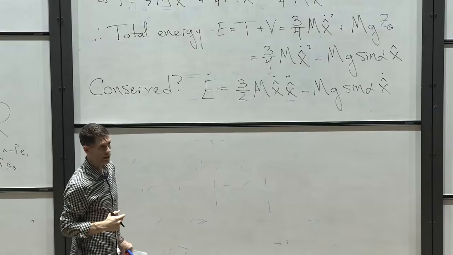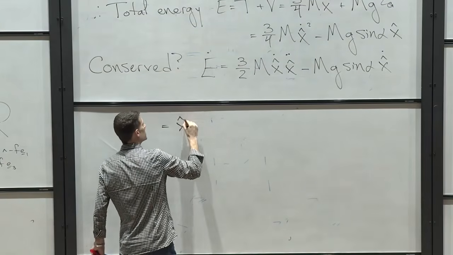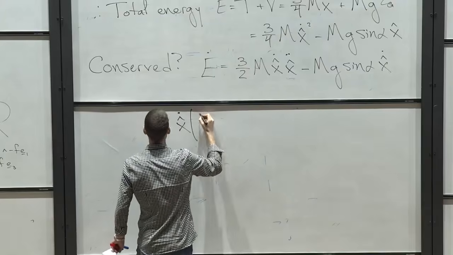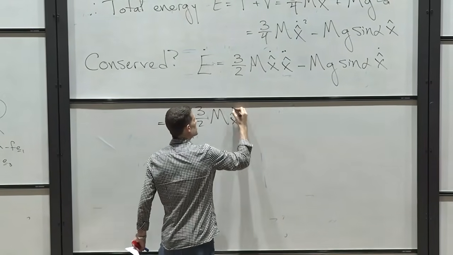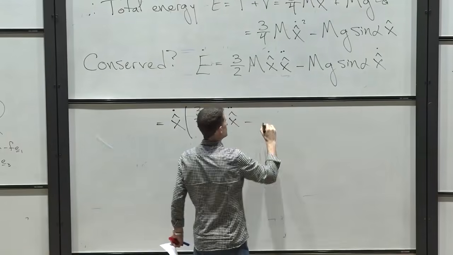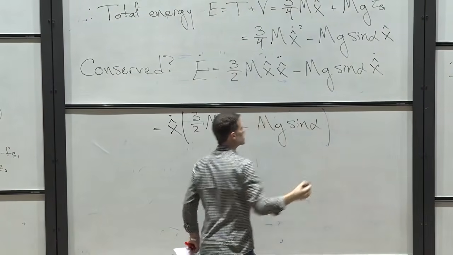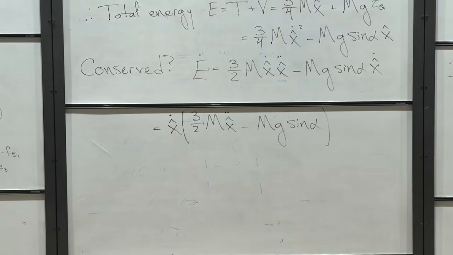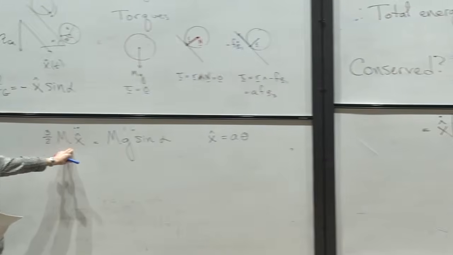Factor out an x hat dot from that. And if I've not made a mistake, that's 0.